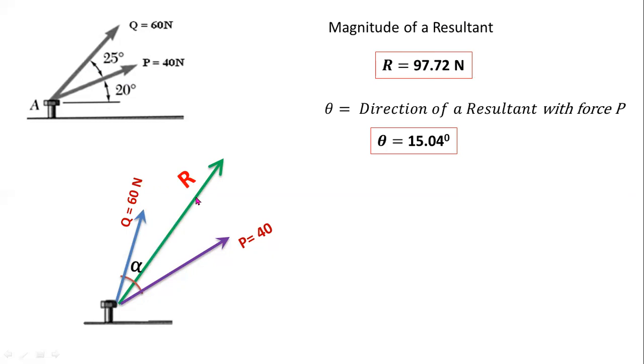This is the resultant of these two forces, and the magnitude of this resultant equals 97.72. Now theta is the direction, or angle made by the resultant, with respect to the force P. That is theta. So this is the final diagram for this problem.